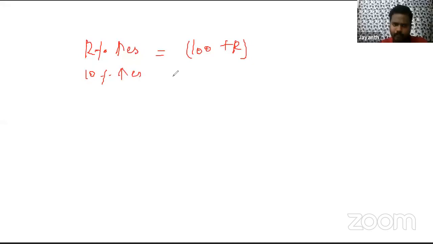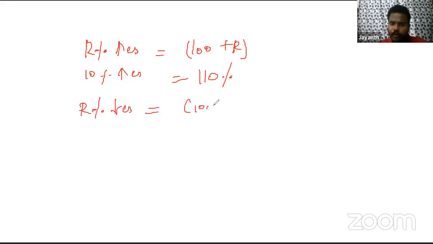For example, if R percentage increases, whenever it increases, it is 100 plus R. If it is 10 percentage increase, it is 110 percentage. If R percentage decreases, it is 100 minus R, which is 90 percentage.